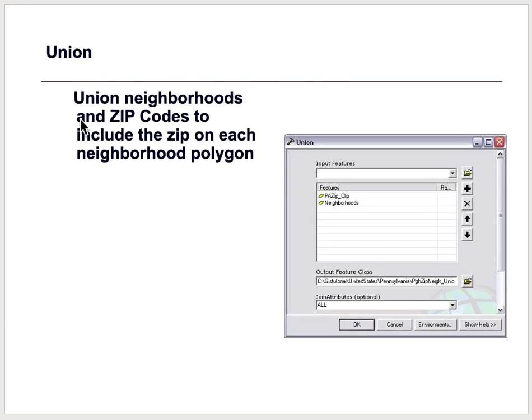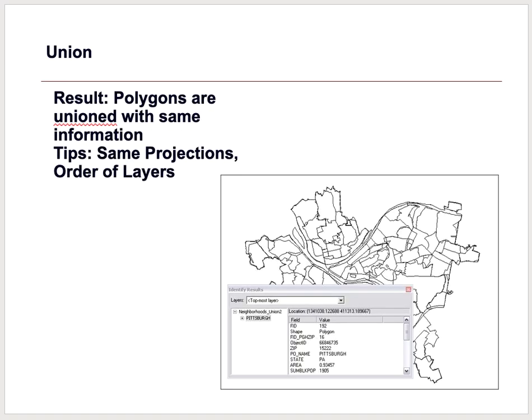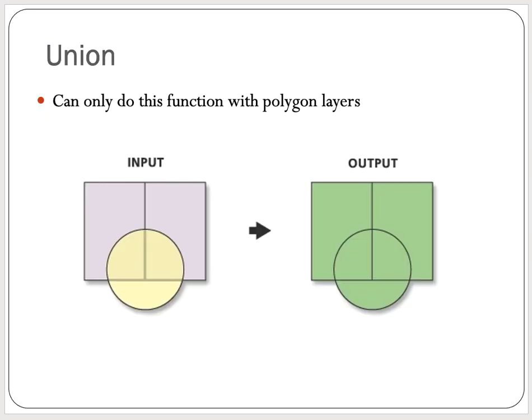So the union of neighborhoods and zip codes includes the zip on each neighborhood polygon. So your result is polygons unioned with the same information, and you must have the same projections and the order of layers when you are doing union. And you can only do this function with polygon layers.